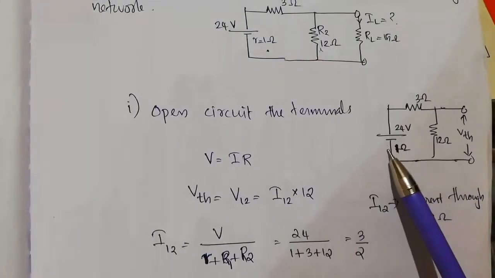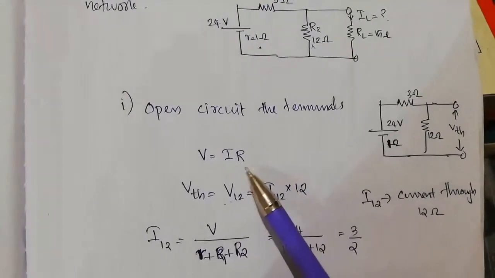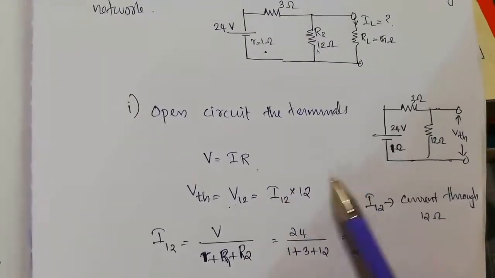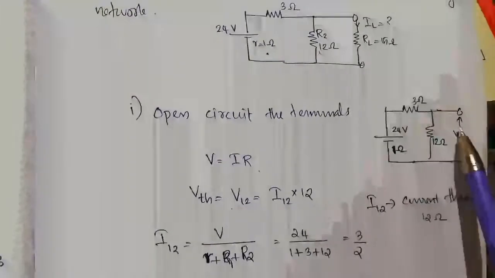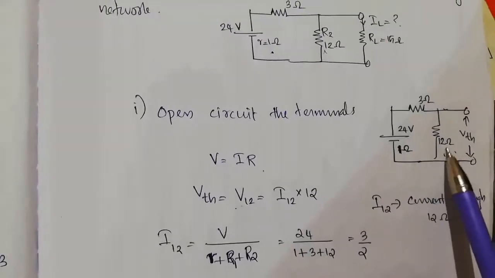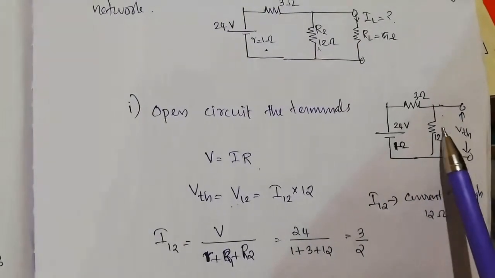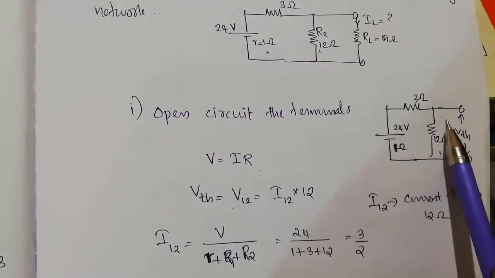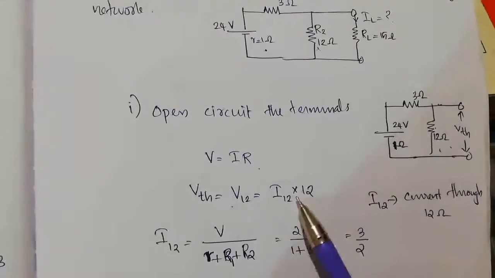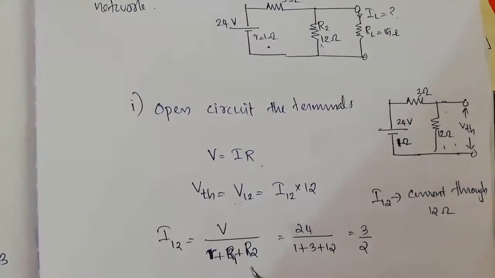Now we have to find out the VTH according to Ohm's law. That is VTH, the voltage across the open terminals, that is the voltage across the 12 ohm. That is the current passing through 12 ohm into resistance 12. That is I12 into 12.